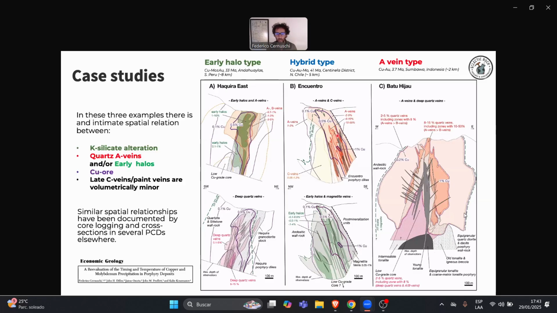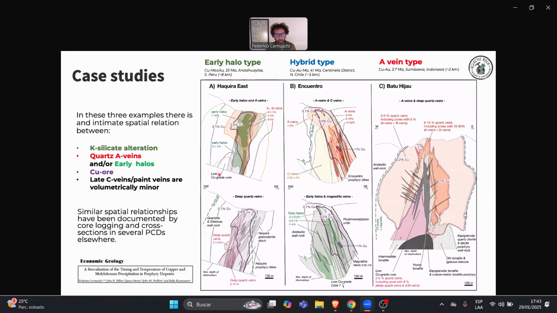And the good thing of these 3 deposits is that they're relatively simple in terms of repetition of events and overprints. So they have a more simple progression of veins through time without too many overprints of different vein types and different alteration.